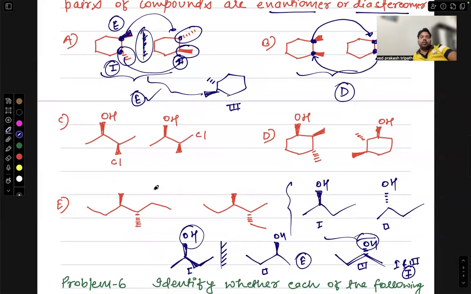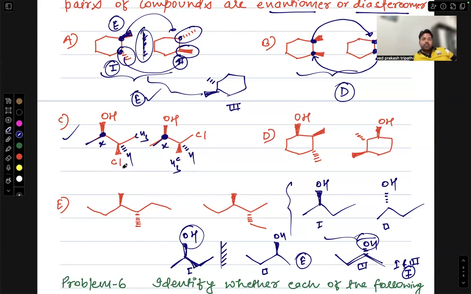Okay. What about this one, C? Now look at here, this and this, there is no change. Make sense? This is X, no change. Here chlorine on the wedge, hydrogen on the dash. Here methyl on the wedge, hydrogen on the dash. This is methyl. So now you can see one chiral center has no change, and one chiral center has an odd exchange.